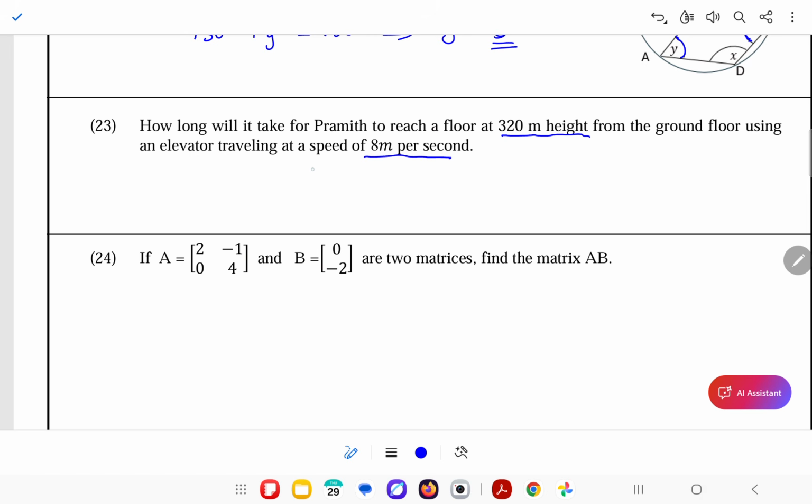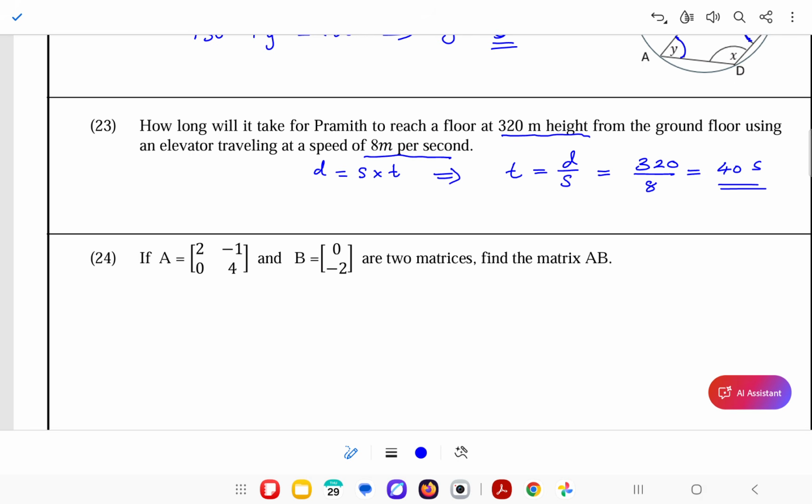Distance is speed times time. We want time, no? So time is distance over speed. So distance is 320, speed is 8. So 320 over 8 is what? 40. 40 seconds. It will take 40 seconds for him to get to the 320 meters, right?